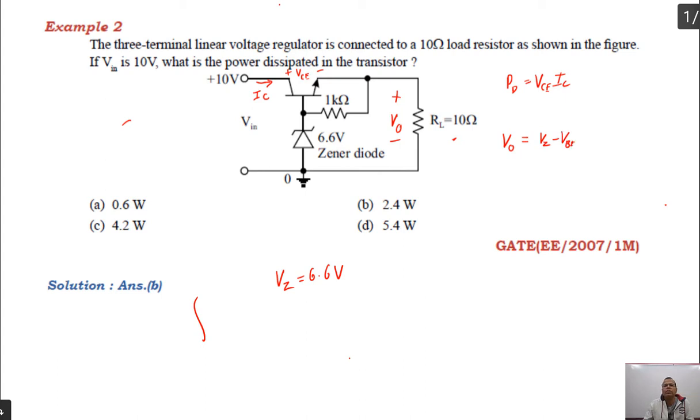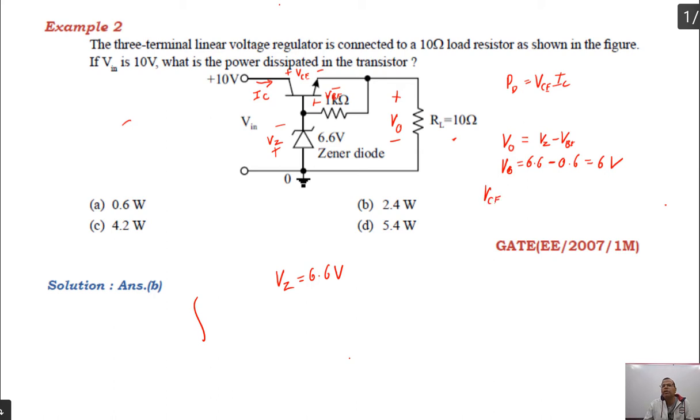What is VBE? That is voltage between base and emitter of BJT. So Vz minus VBE must be the output voltage. Here Vz is 6.6 volt and voltage VBE can be assumed to be 0.6 volt. So that is 6 volt. So output voltage is 6 volt.